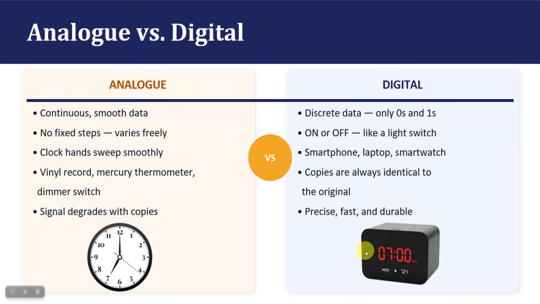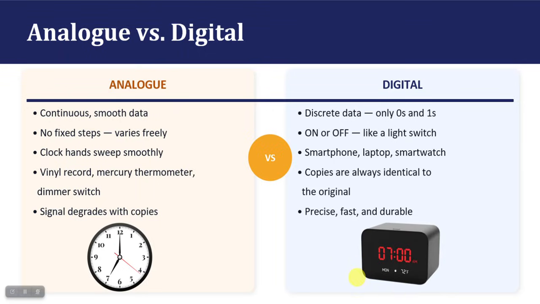Now, look at the clock on the right, a digital clock. It jumps from 6:59 to 7 o'clock a.m. No smooth sweep, just clear, discrete steps. That is because digital devices work only with zeros and ones, like a light switch that is either on or off, nothing in between.